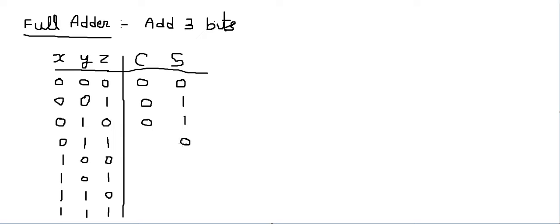So the sum will be 0, but the carry will be 1. In the case of 1 0 0, we have sum 1 and the carry will be 0. Again in the case of 1 0 1, 1 plus 0 is 1, and 1 1 is 1 0, again 2. So the sum will be 0 and the carry will be 1.